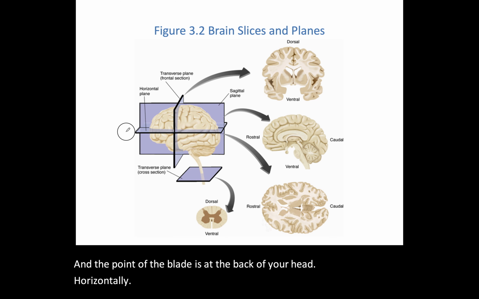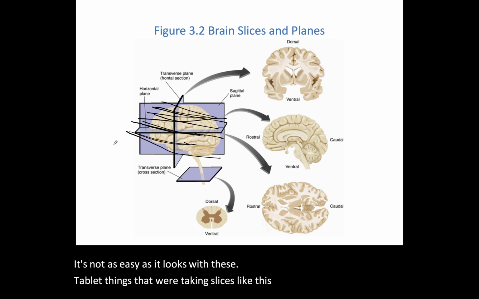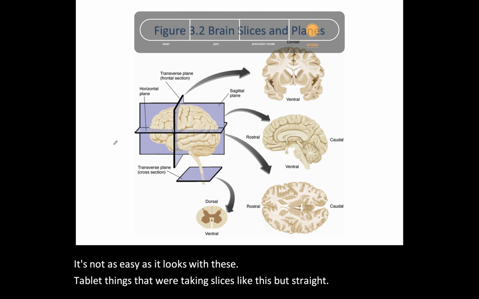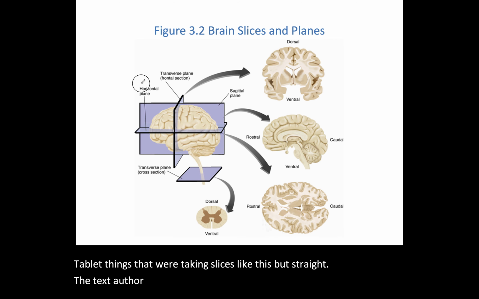So we're taking slices like this, but straight. It's not as easy as it looks with these tablet things. The text author calls that the horizontal plane. It's also known as the axial.